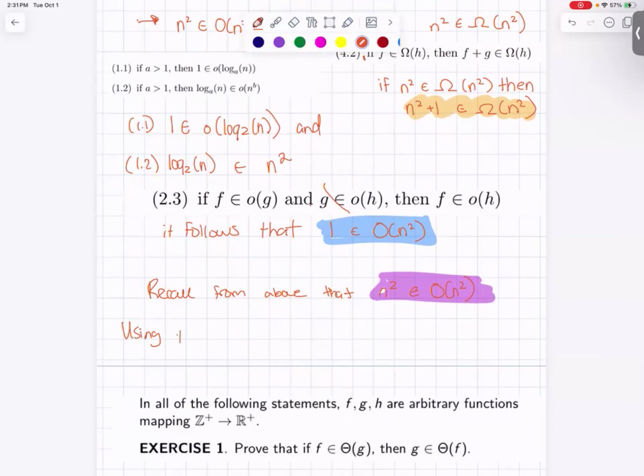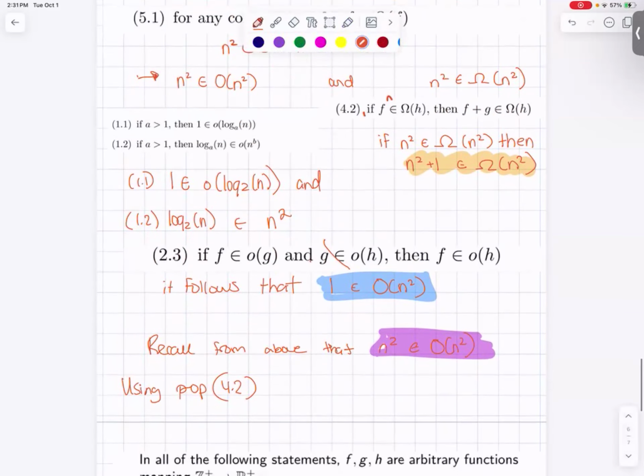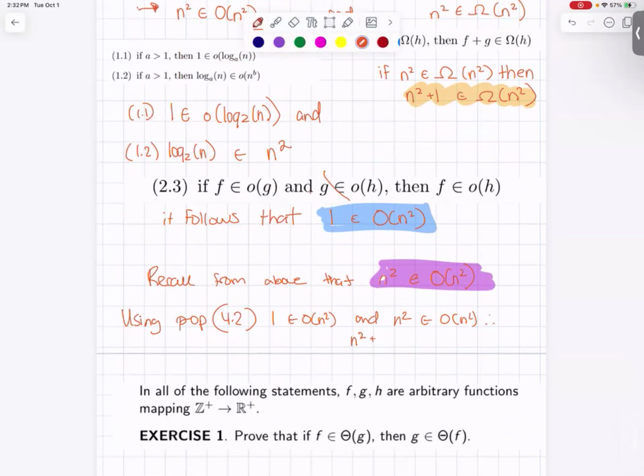We can say 1 is in big O of n squared and n squared is in O of n squared. Therefore, n squared plus 1 is in O of n squared.